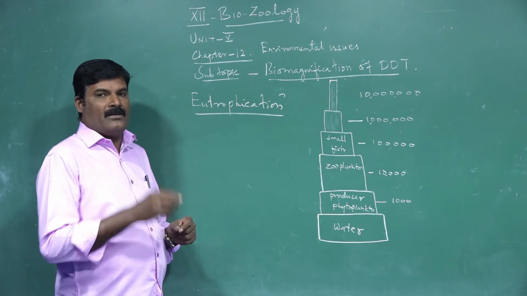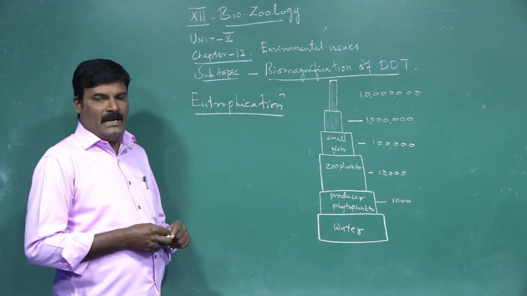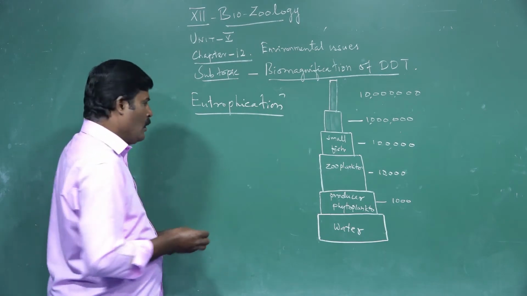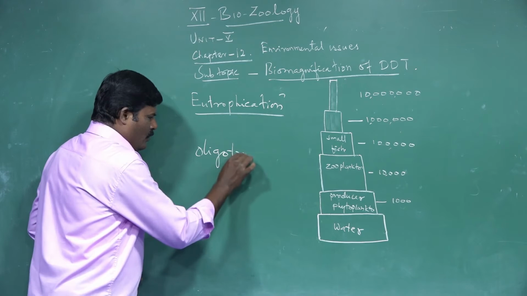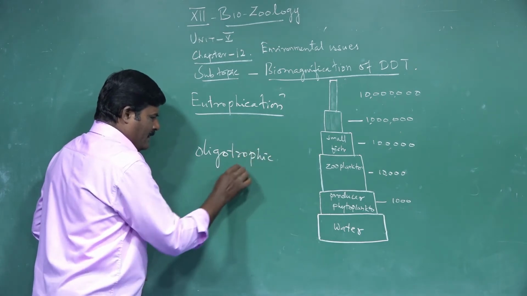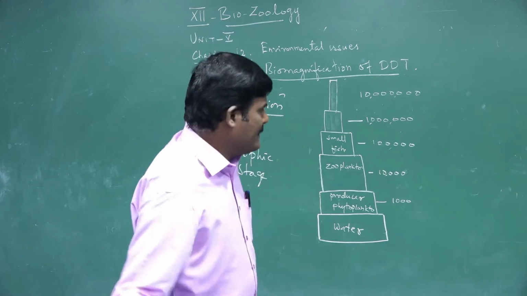The lake water becomes cold and clear. This kind of lake or stage is called the oligotrophic stage. So listen here, what is the oligotrophic stage?